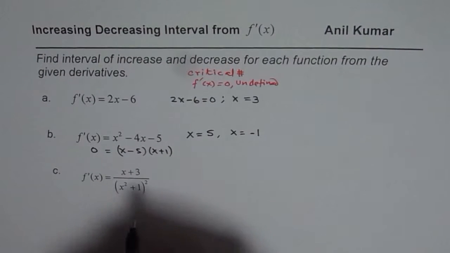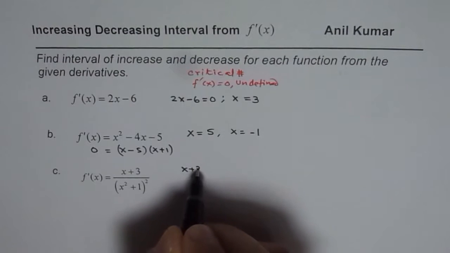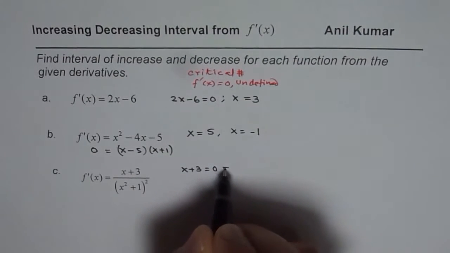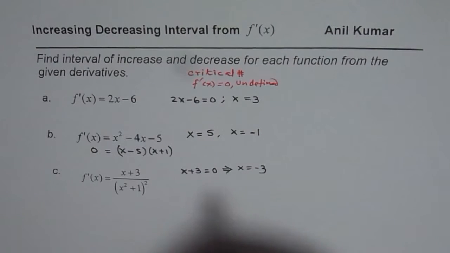In the third case, f dash x is 0 when x plus 3 equals 0, and that gives us one value, x equals minus 3. So there are these critical points which we need to analyze to find where the function is increasing and where it is decreasing.